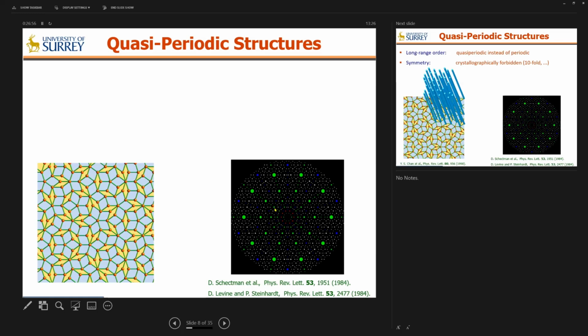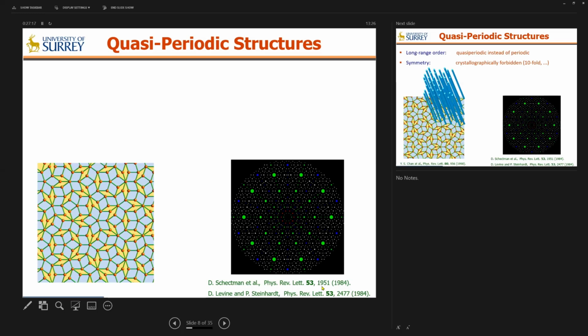Now, this type of symmetry is forbidden in any periodic structure. In periodic structures, we can have 4-fold, 6-fold, and so on, but not beyond 6-fold symmetry. So clearly, this was, at the time when it was discovered by Shechtman in '84, a big mystery.